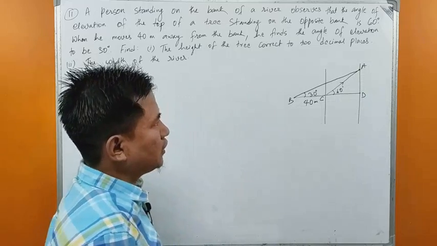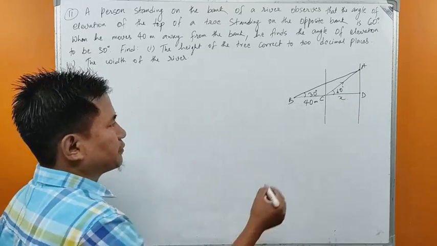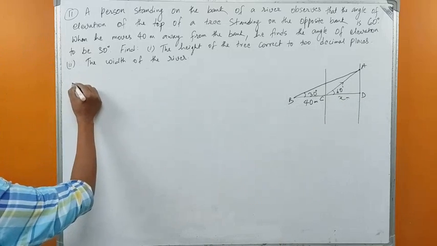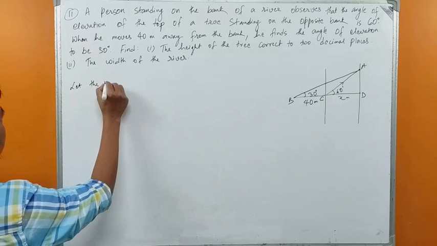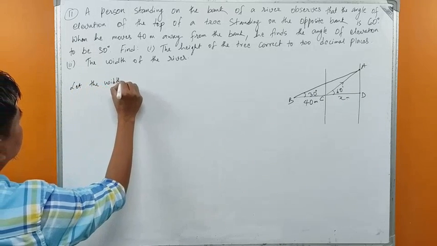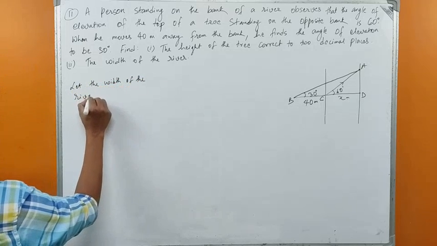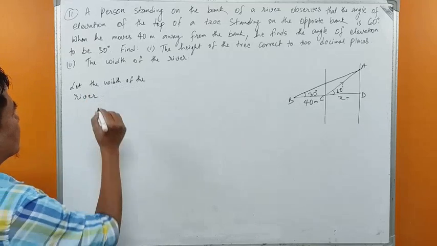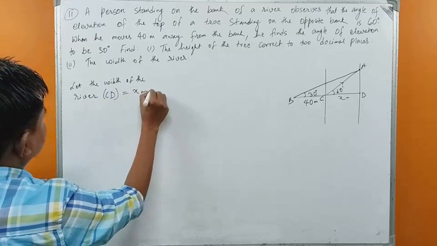Let us assume the width of the river CD is x meters. Width of the river is CD, isn't it? CD equals x meters.